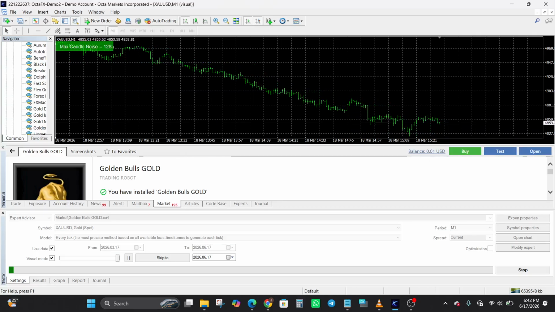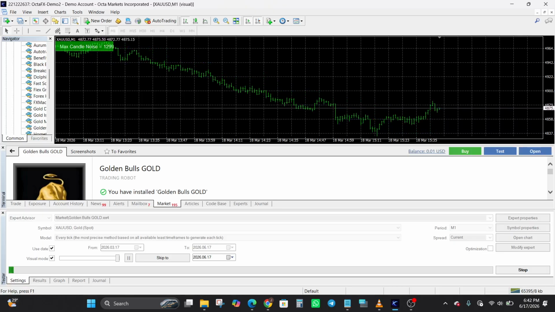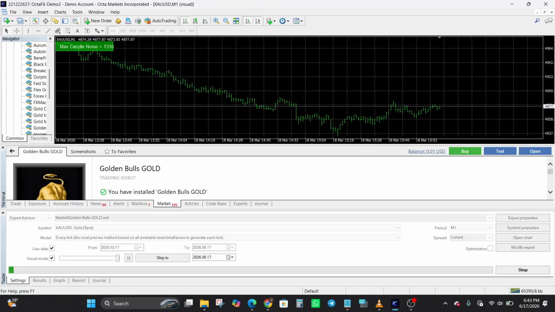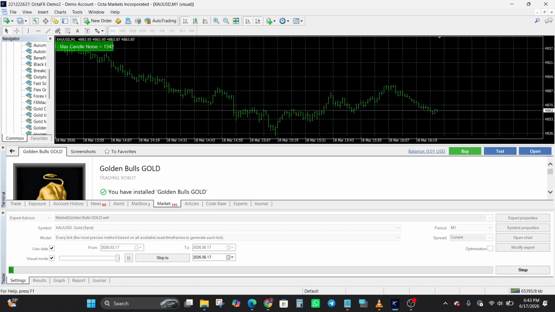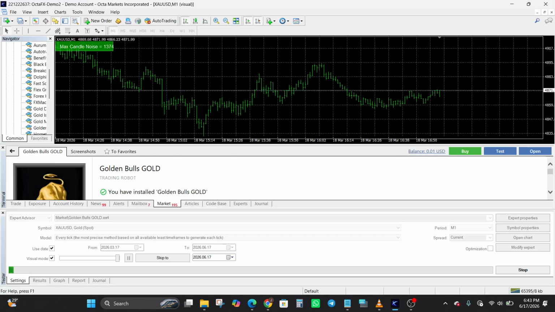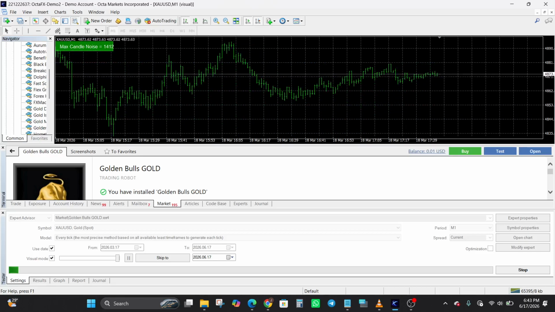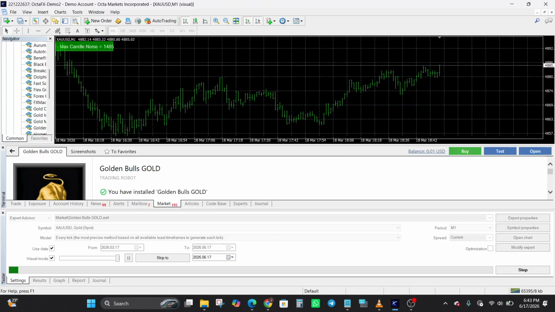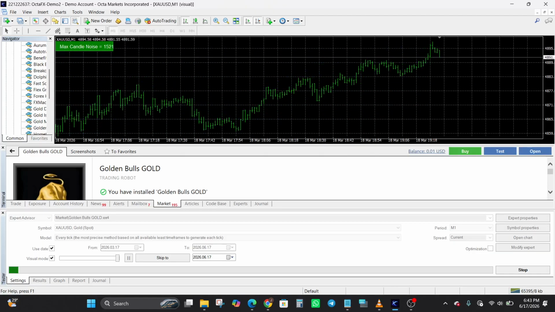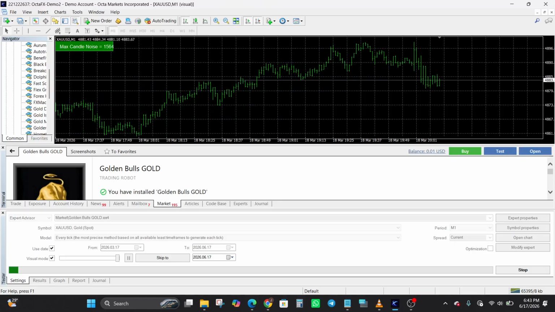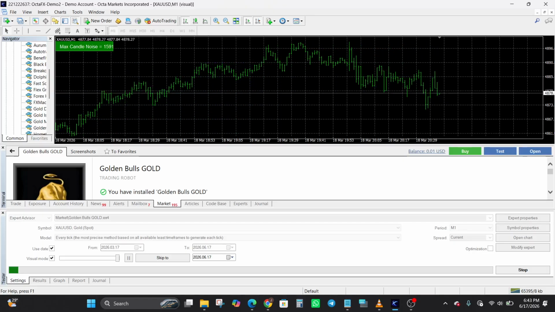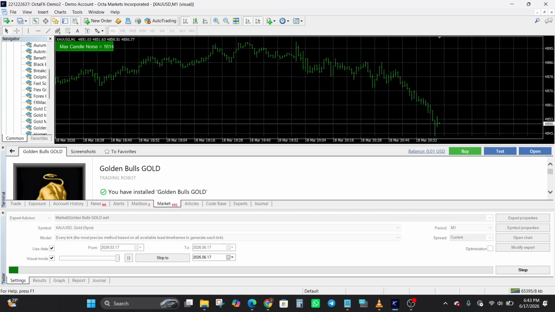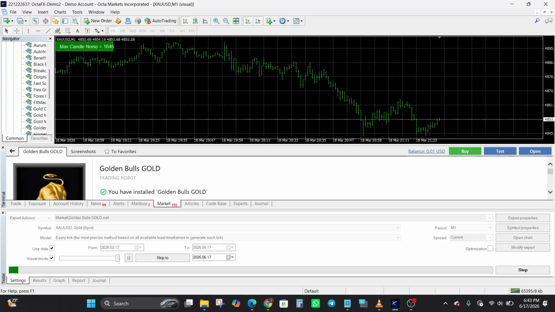But overall, Golden Bulls Gold EA presents itself as a gold focused automated trading system with stop loss protection, trailing based trade management, and a non martingale, non grid approach, according to the developer's description.